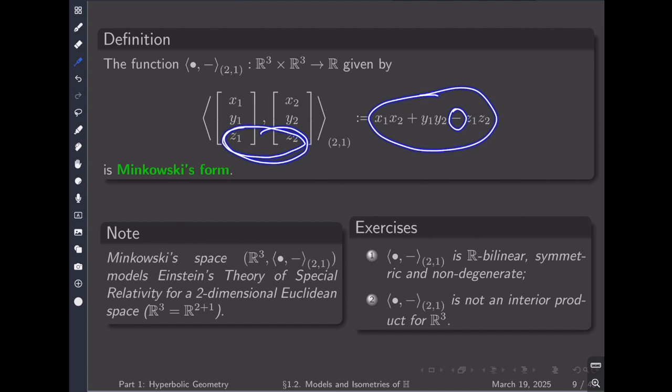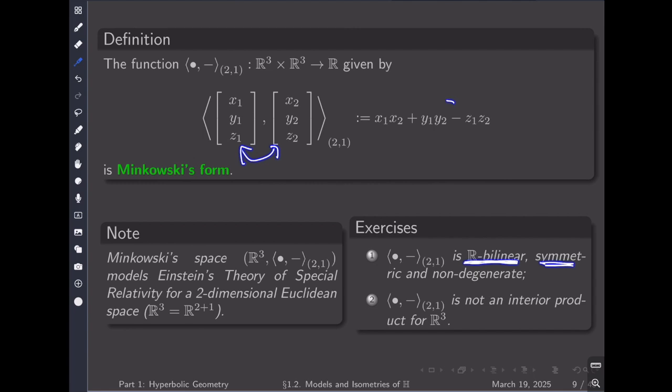So that's the only difference with the usual dot product. It's of course bilinear. It's of course symmetric, right? If you switch the two vectors, you get the same thing. That's obvious, and it's non-degenerate.